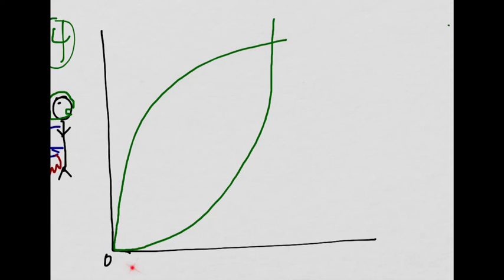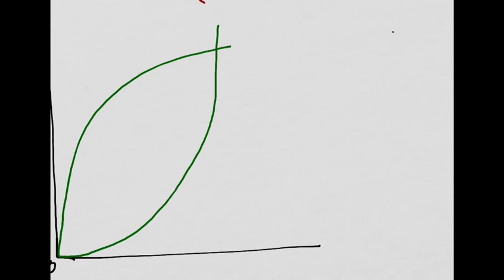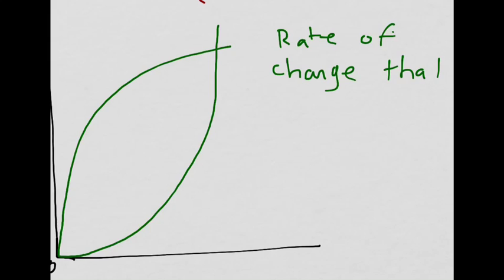Or there's a very slow increase initially, and then that increase starts to speed up as I go on. This is just called a rate of change that is not constant.